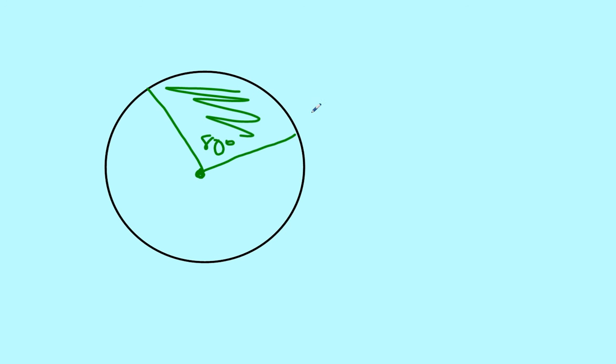We need a radius too, so let's say the radius is 10. The area of a sector is the full area of the circle times the measure of the angle over 360.